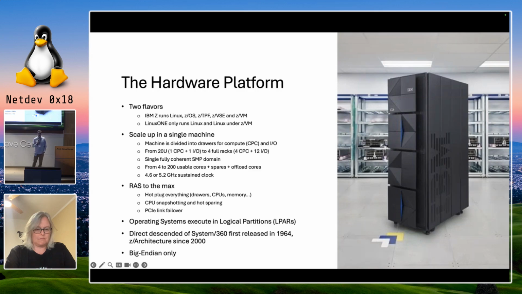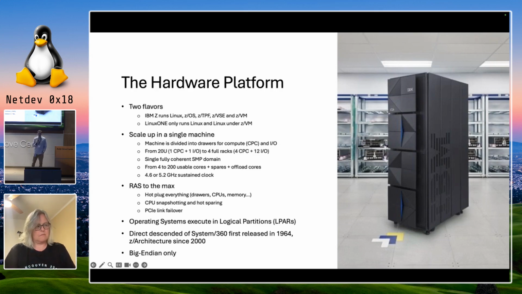We have hot plug for everything. You can remove compute drawers, evacuate the CPUs, pull them out, and replace them. You can replace memory and, of course, network cards, everything like that, without downtime for the machine. You can do firmware and microcode updates, all that stuff, without downtime.